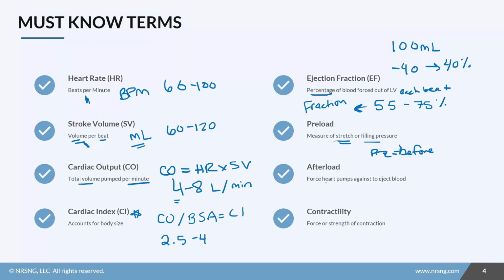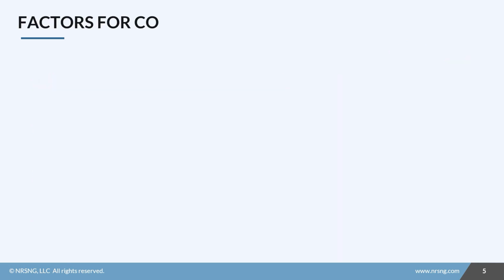Then afterload is the force that the heart pumps against in order to eject that blood out. So it has to overcome that pressure in order to be able to get the valves open and get that blood out of the heart. So think afterload, against. Okay. And then contractility is just the force or the strength of the contraction of the ventricles. Again, make sure you check out the preload and afterload lesson to learn more about these three.